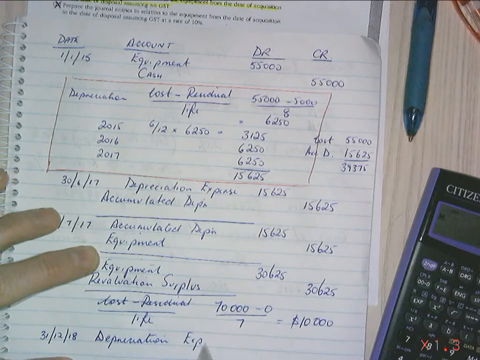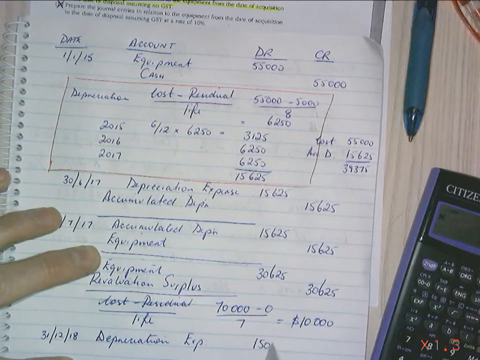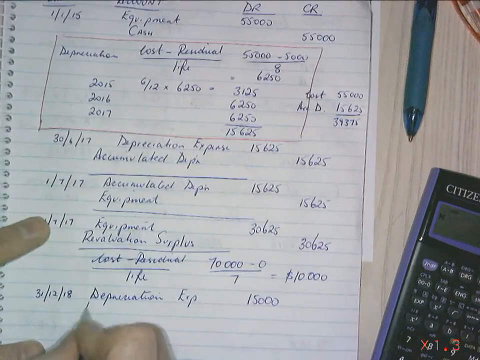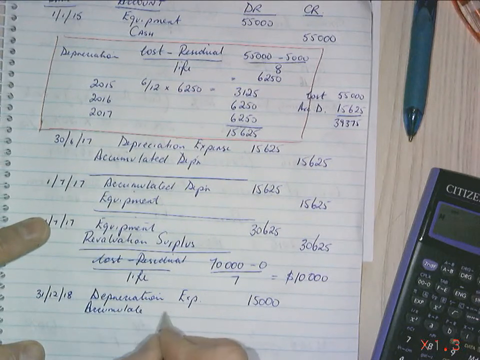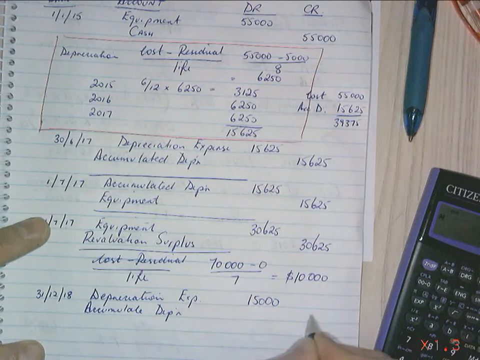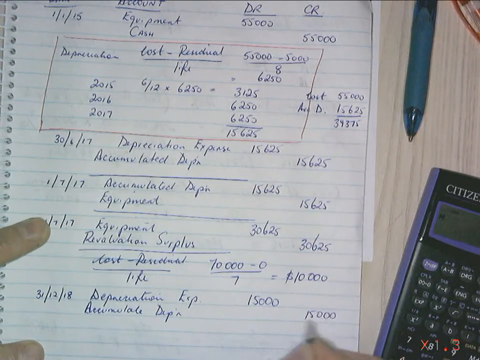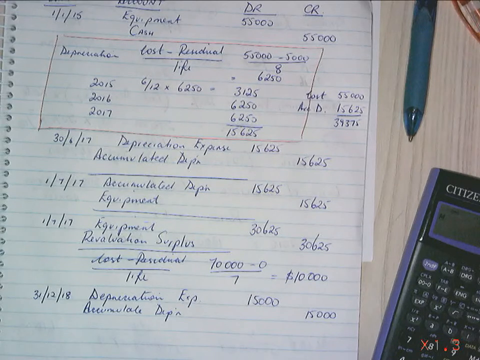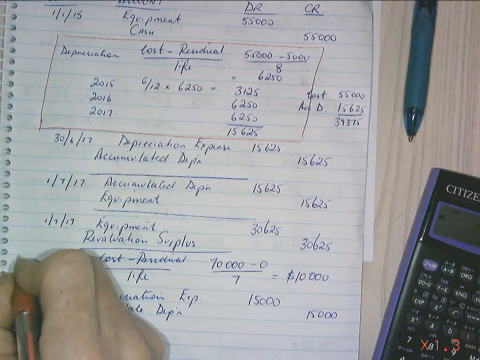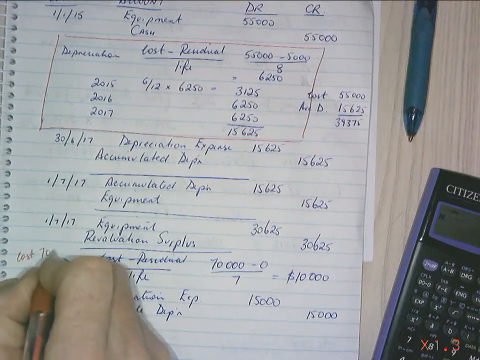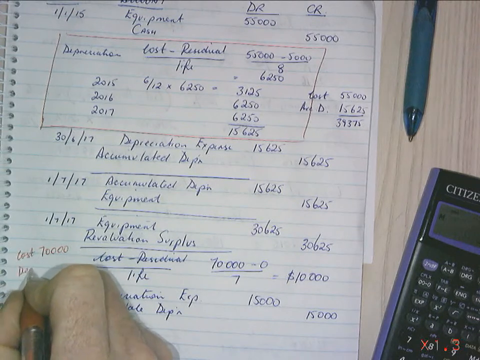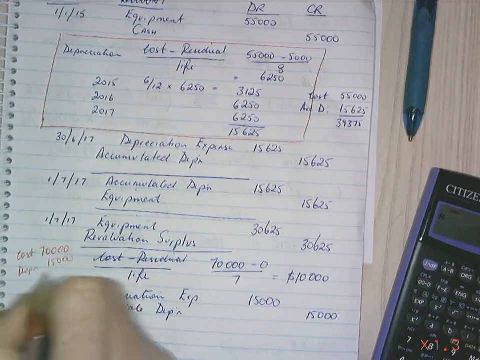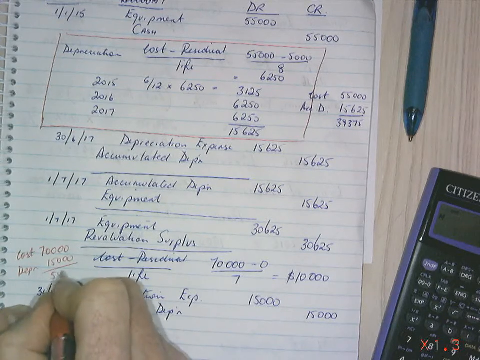Depreciation expense of 15,000 and accumulated depreciation of 15,000. So now my book value of my asset that I'm carrying is, so we had 70,000, so my cost was, or revalued was 70,000, and my accumulated depreciation is 15,000. So the value in my accounts is 55,000.